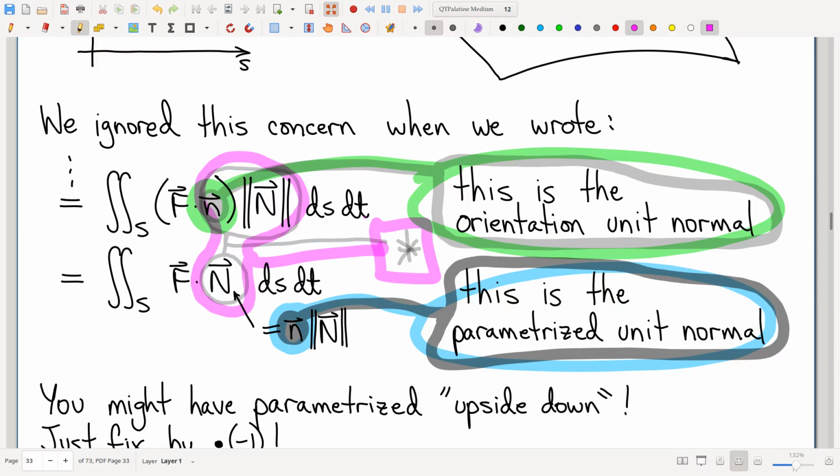We are supposed to pick one of them specifically, and we basically picked randomly instead. So assuming that those two directions are the same is the problem. That's the little math crime. That's what this asterisk is here. Those two things may or may not be the same. How we doing?